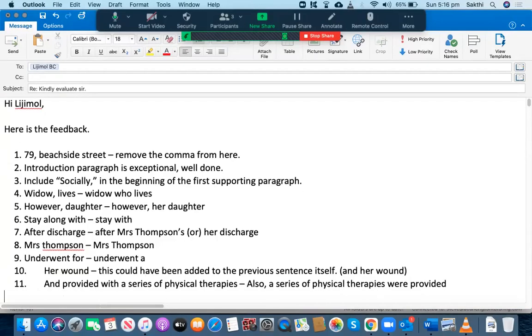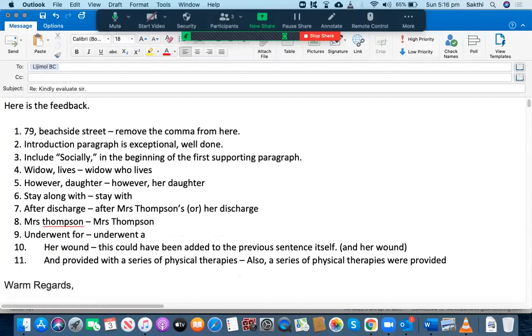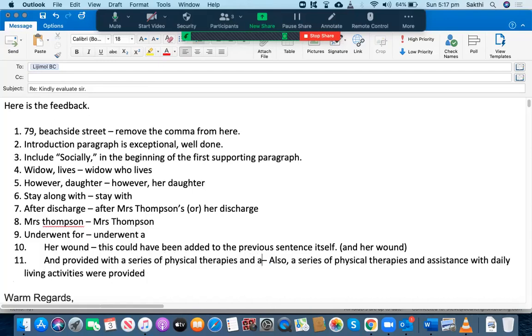Okay, I will tell you what we can do. So, "also a series of physical therapies and assistance with daily living activities were provided." Instead of writing "and provided with a series of physical therapies and assisted in daily living activities", we can write it like this: "Also, a series of physical therapies and assistance with the daily living activities were provided."